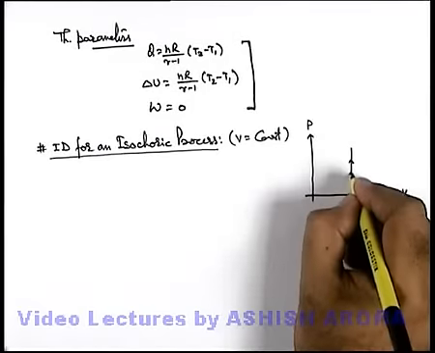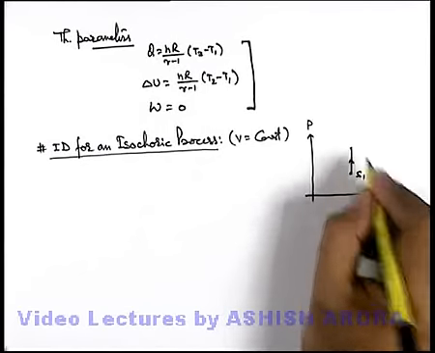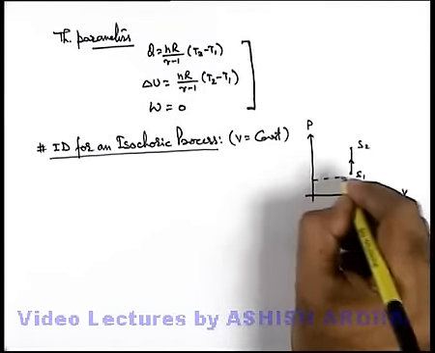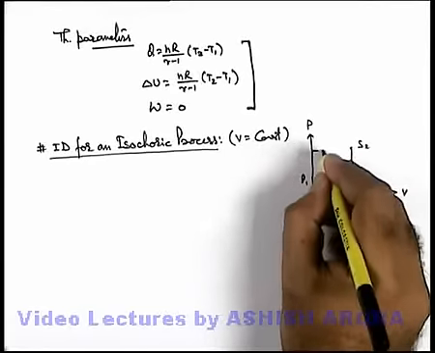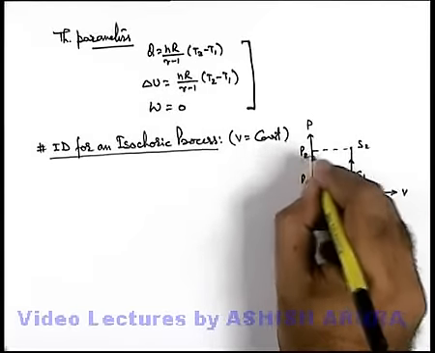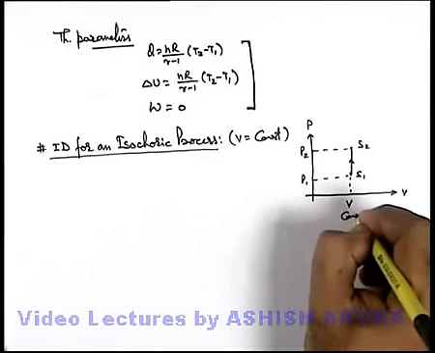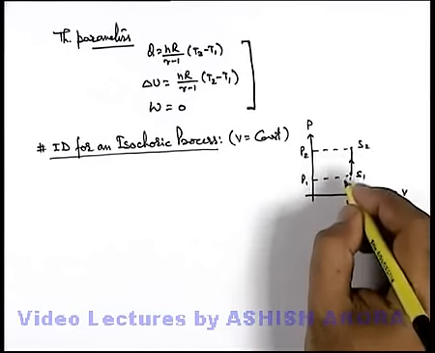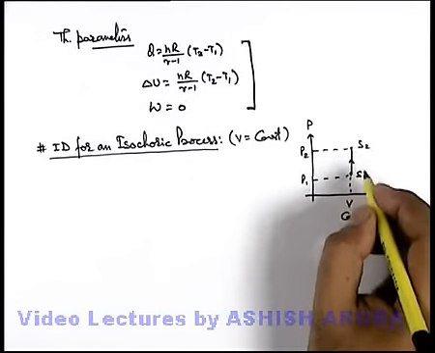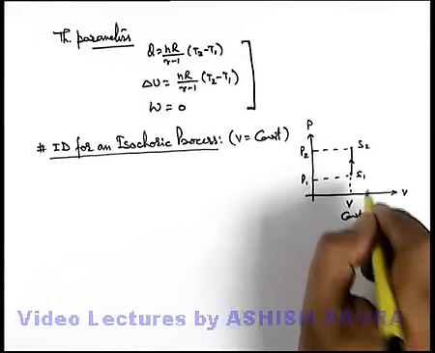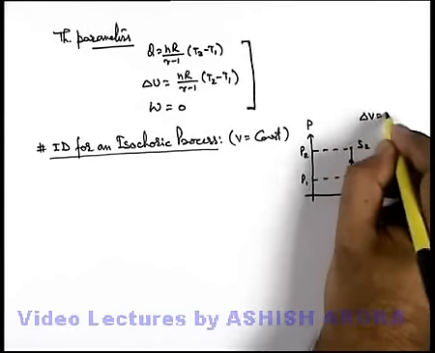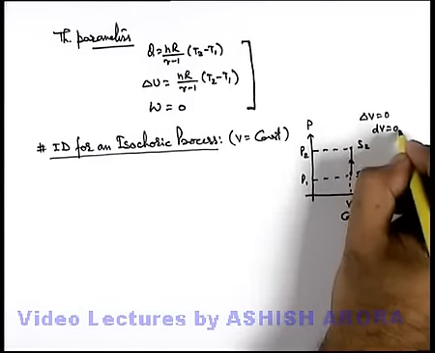It may either go up or come down. If from initial state to final state pressure is increasing, this will go up, and if pressure is decreasing, it will come down, while volume remains constant. You can see from initial to final state here, delta V is 0 as well as dV is also 0.